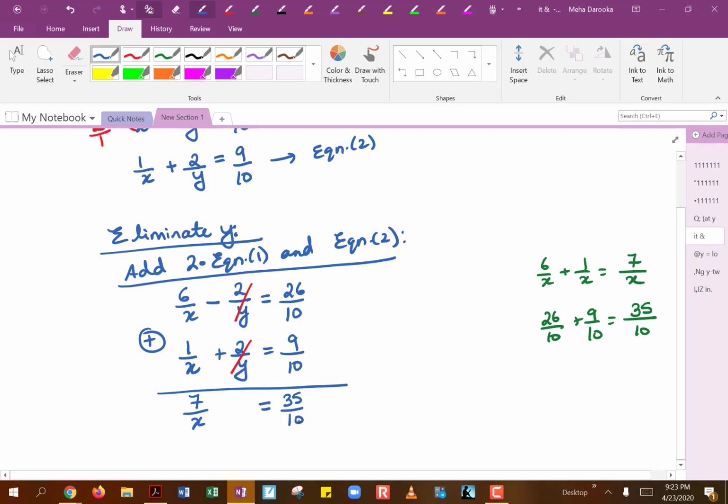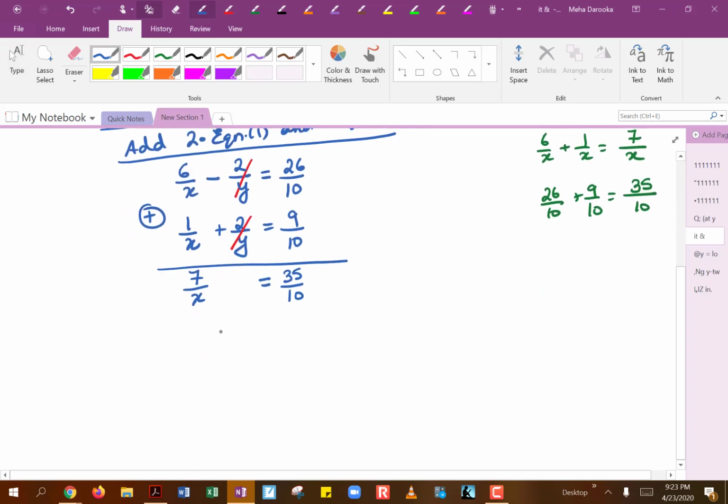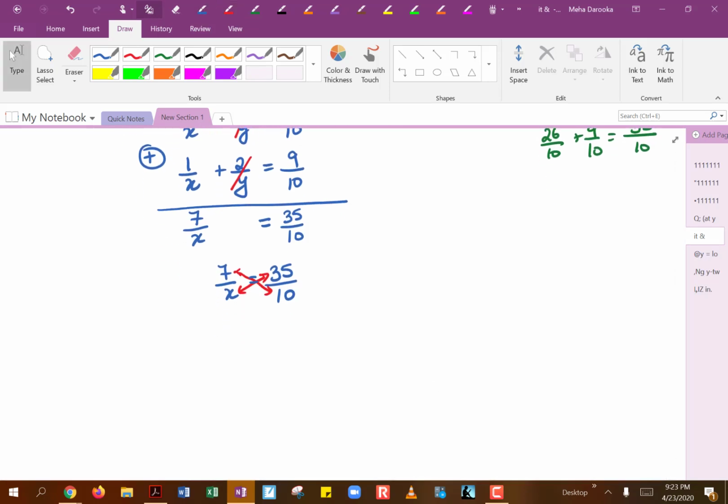And then of course we want to try and get x by itself. Since you have 7 over x equals 35 over 10, these are basically set up as proportions, so we can cross multiply. Now if you wanted to simplify 35 over 10, you can. If you don't simplify, you will still get the answer either way.